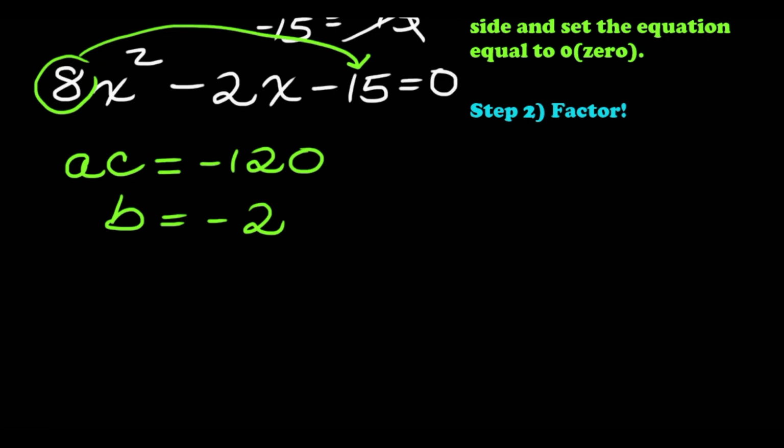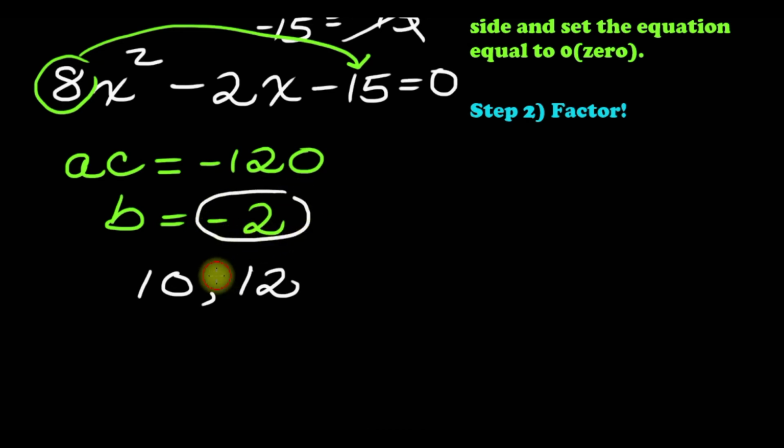And we're going to use those two numbers to try to write it out in factor form. Let's use 10 and 12. Those two numbers are pretty close to each other. So 10 times 12 is positive 120. We need to come out to negative 120. But when we add those two numbers, it comes out to negative 2. So we need the 12 to be a negative number.